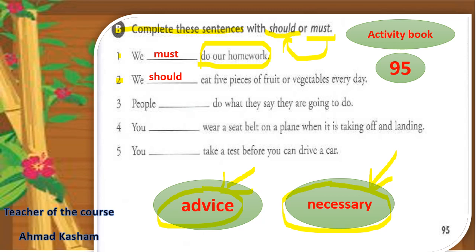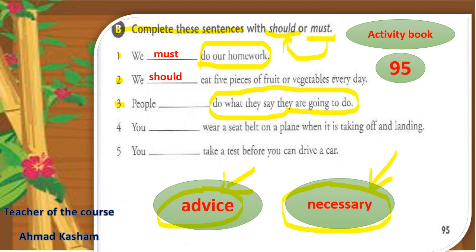Number 3. People must or should do what they say they are going to do. Why? Because if you said you are going to do something, for example, I say, I'll help you with your maths homework. Then I don't help you.